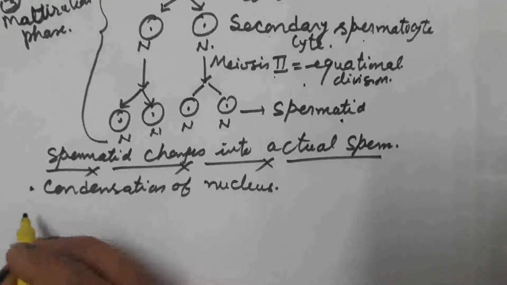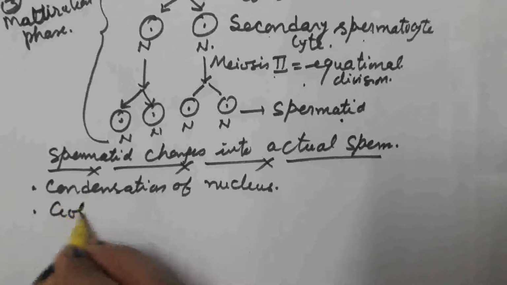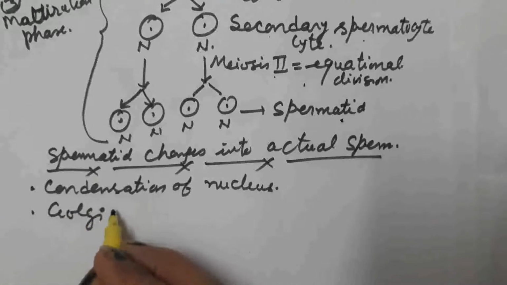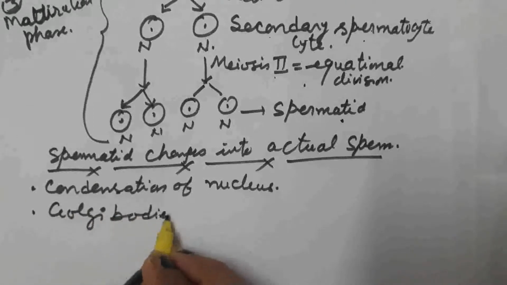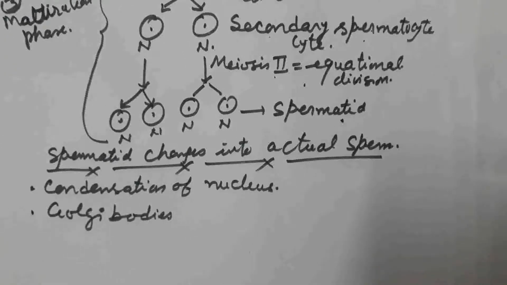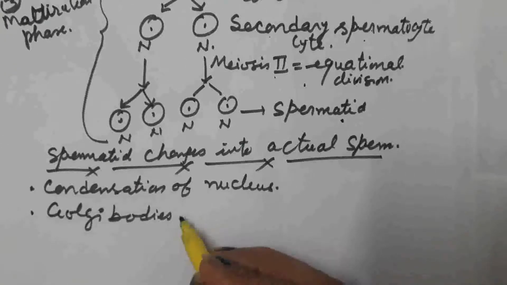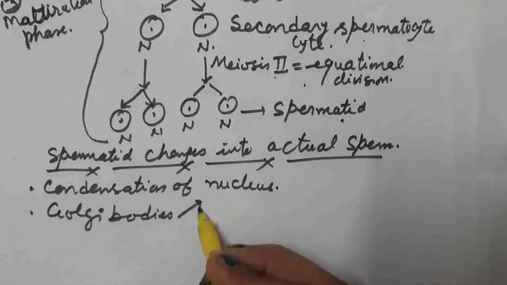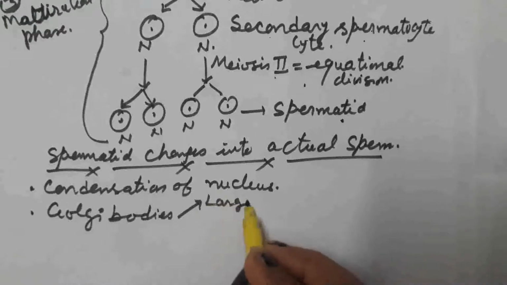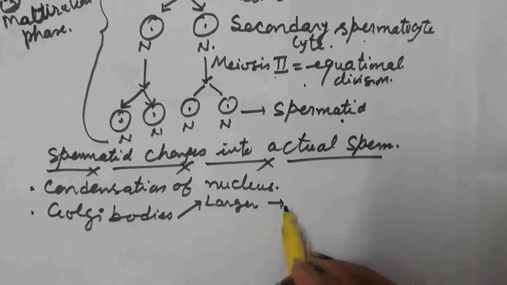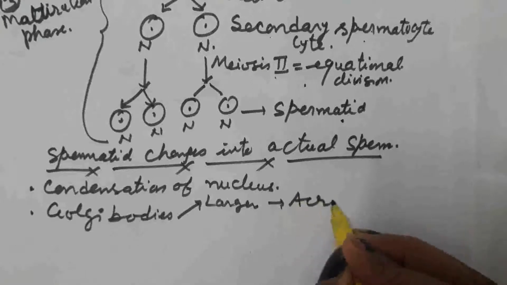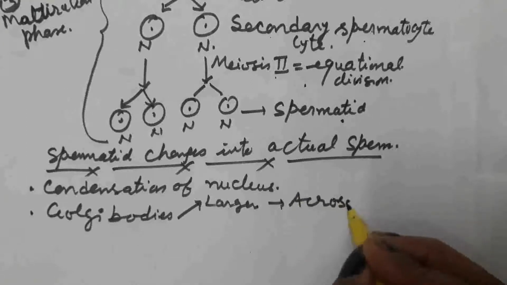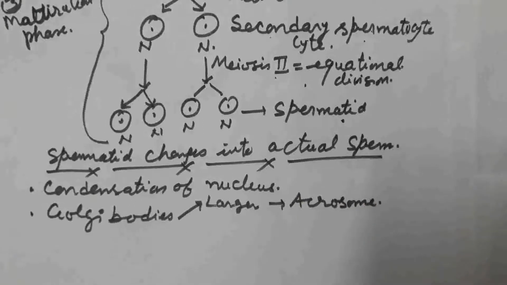The second change takes place in the Golgi body. The Golgi body breaks down into two pieces. The larger piece of the Golgi body forms the acrosome, that is the tip of the sperm.